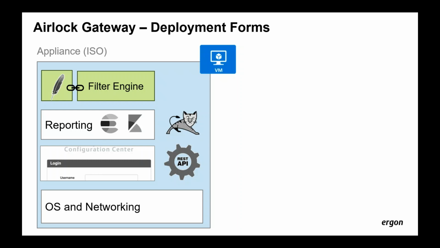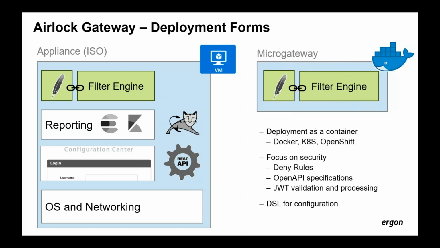And underneath, of course, the OS and the networking are also part of the appliance. All of this would be too much inside a container. Containers should be as few things as possible. So we extracted the Apache and the filter engine and put them into the Microgateway.